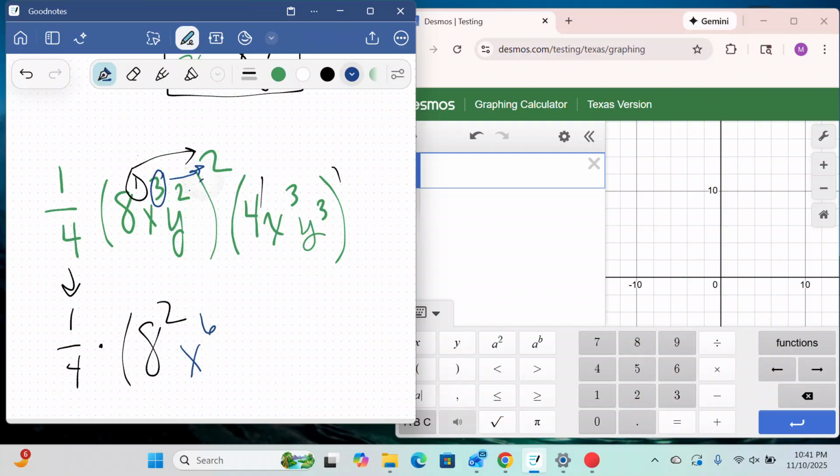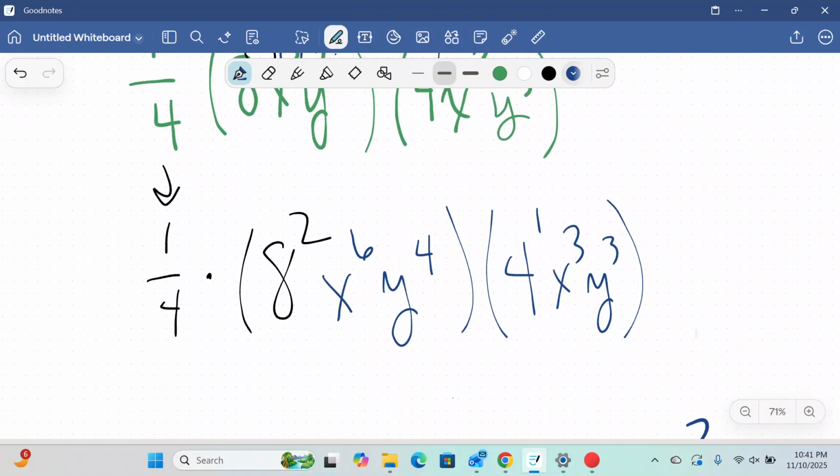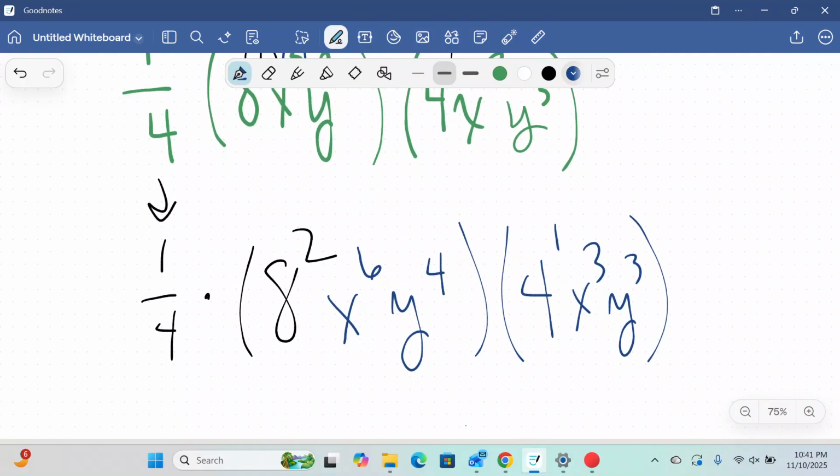And then of course a power raised to a power, which is y to the 4th. All open parentheses, close parentheses. And then here 1 times 1 is 1, 4 to the 1st, x to the 3rd, and y to the 3rd, close parentheses. So if I look at that right there, I have something that is super easy.